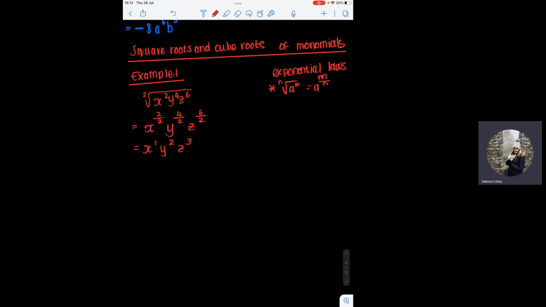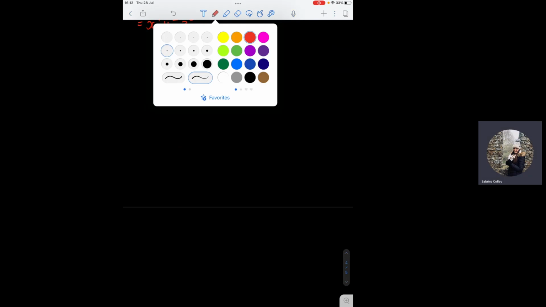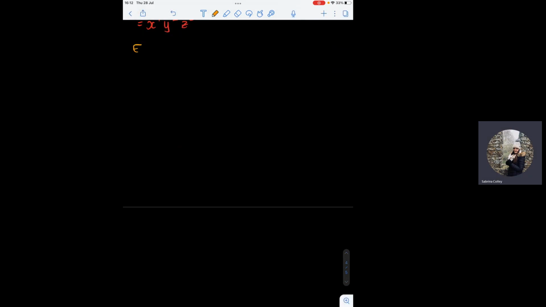Let's do another one. If we do the square root of 64 x to the power of 4, y squared, we're going to square root each of those and apply our exponential laws when necessary. But remember, this coefficient 64 is still a normal number, so we're still going to square root 64 normally.